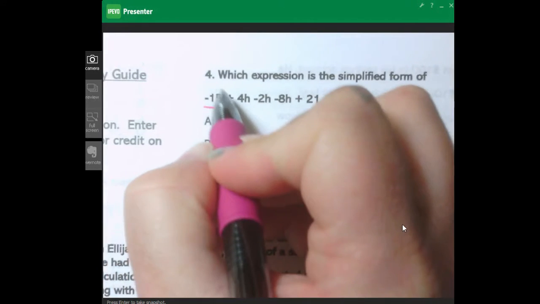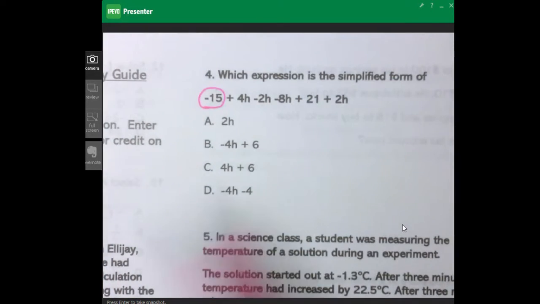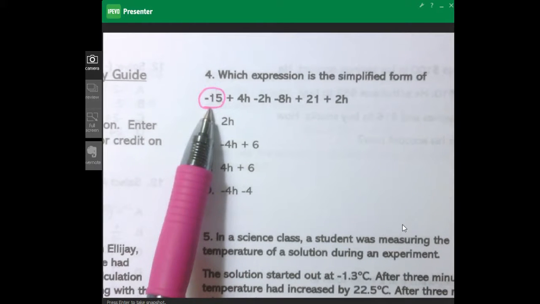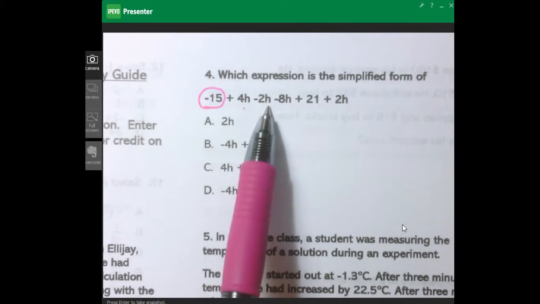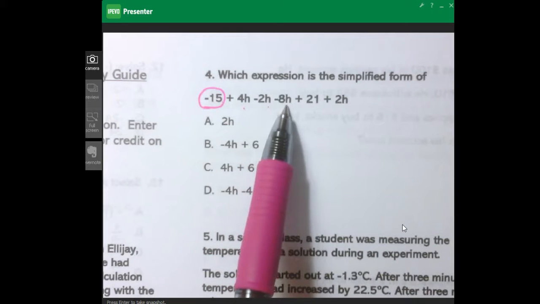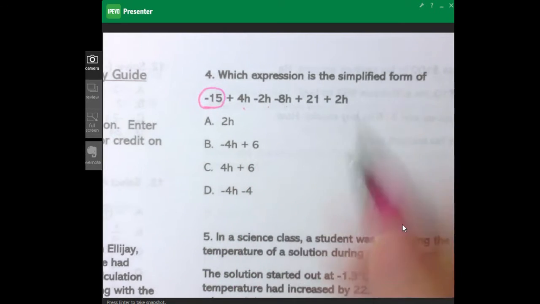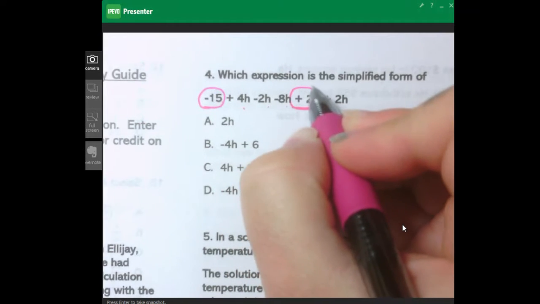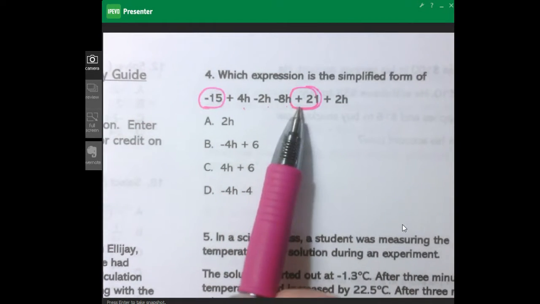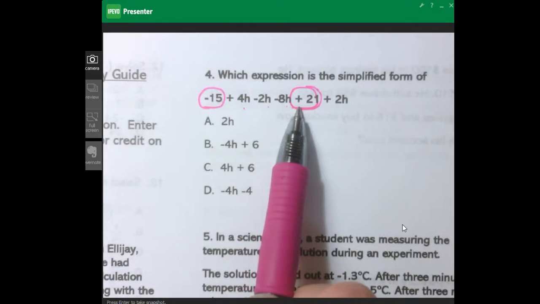So I have negative 15. Any term that is similar to my negative 15 does not have a variable. I've got 4h, that has a variable. 2h, that has a variable. 8h, that has a variable. 21 does not, and I'm going to include the operation sign in front of it because that tells me if we have a positive or a negative number.